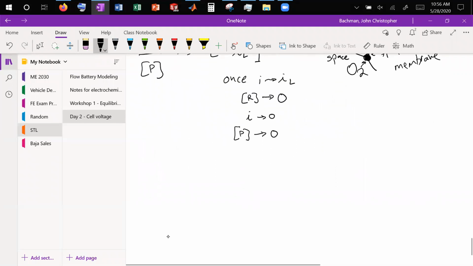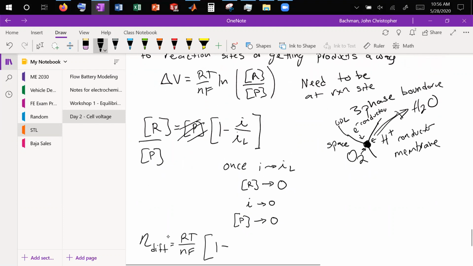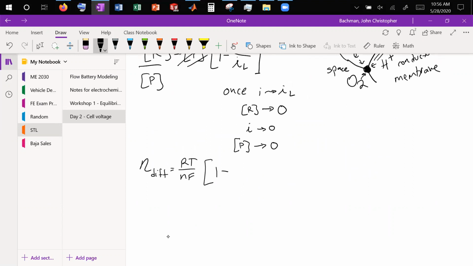So our overpotential from diffusion and getting things to the reaction site, we'll usually model as, again, this RT over NF term, which you'll notice keeps popping up, times 1 minus, and we should probably use J here. We'll typically use current densities, J over J limiting, right?